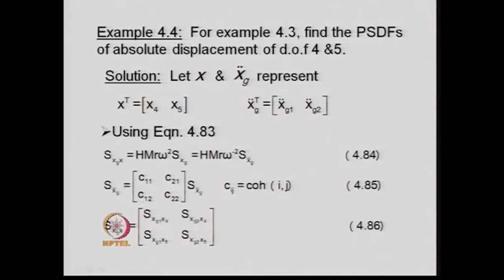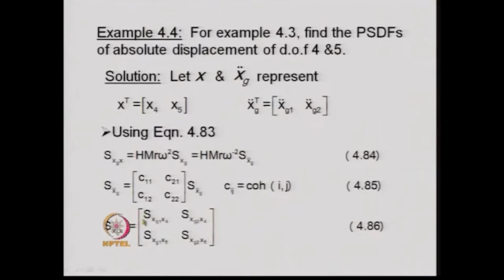The Sx Gx matrix will look like this, that is the cross power spectral density function matrix between the ground displacement and the non-support degrees of freedom displacement x. It will be like this, that is Sx G1 for the first support, and x4 is the sway displacement of the pitched roof portal frame.